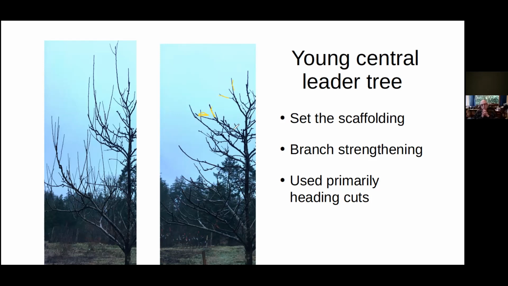From this angle, you can see a couple of fruiting spurs, like that one and that one. So photos are less than ideal, but we're starting to get some great scaffolding here and we're starting to get some really nice fruiting spurs.